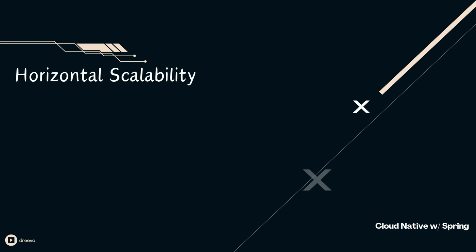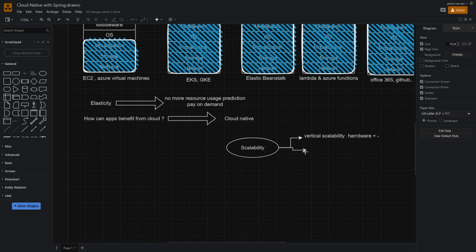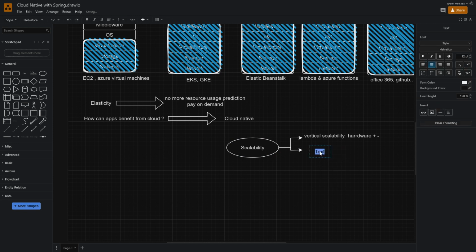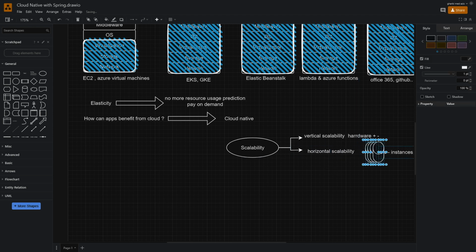On the other hand, we have horizontal scalability, which is achieved by adding instances, nodes, containers, or removing them. Now, this is very important in a cloud environment as the resources are dynamic and constantly changing.